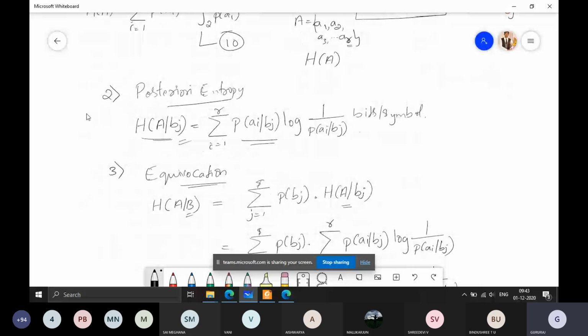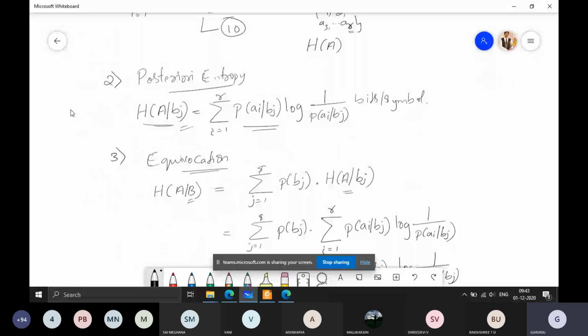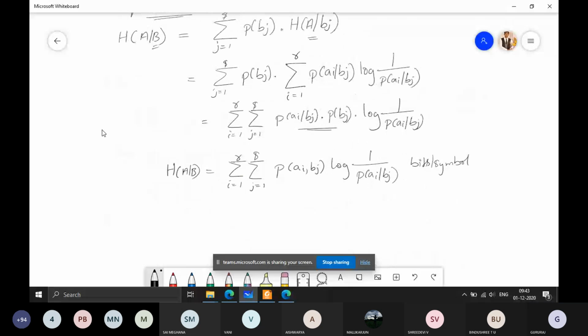You can give any number, no problem, but remember the equations properly. So this is 11, the posteriori entropy, which is also known as conditional entropy. And this is 12. Fine. Any doubts here? So now what we'll do is interchange A and B in this equation.